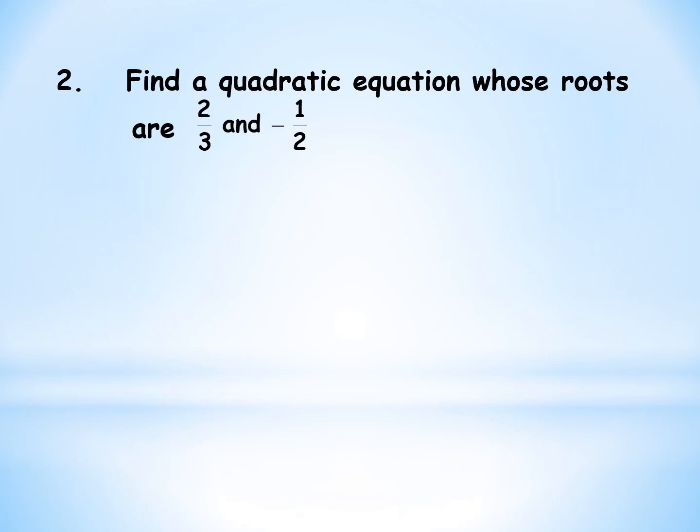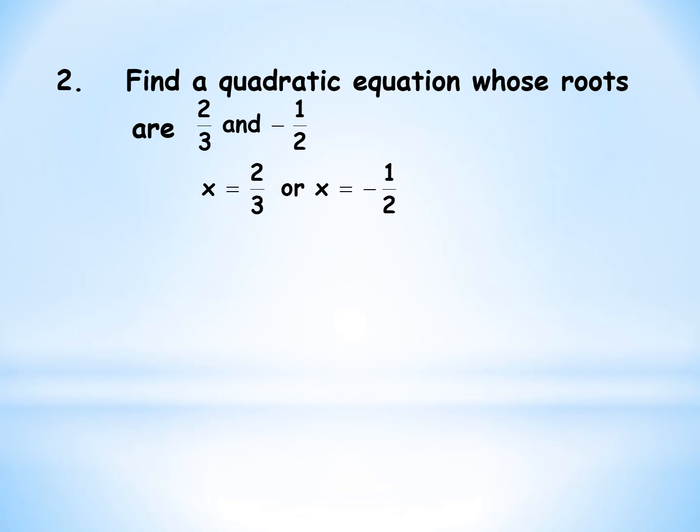All right, so let's find a quadratic equation whose roots are 2/3 and -1/2. I always start these the same way. I start by saying x equals 2/3 or x equals -1/2. Now again, we're kind of working backwards, so those became fractions because I divided. So now I'm going to do the opposite. I'm going to multiply.